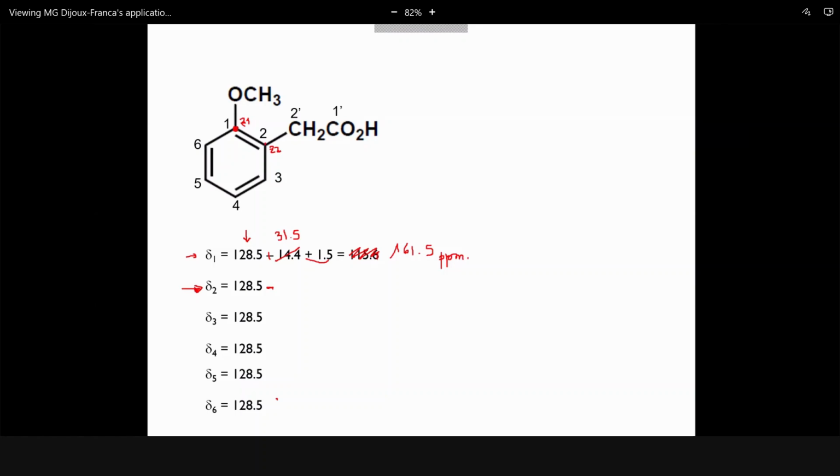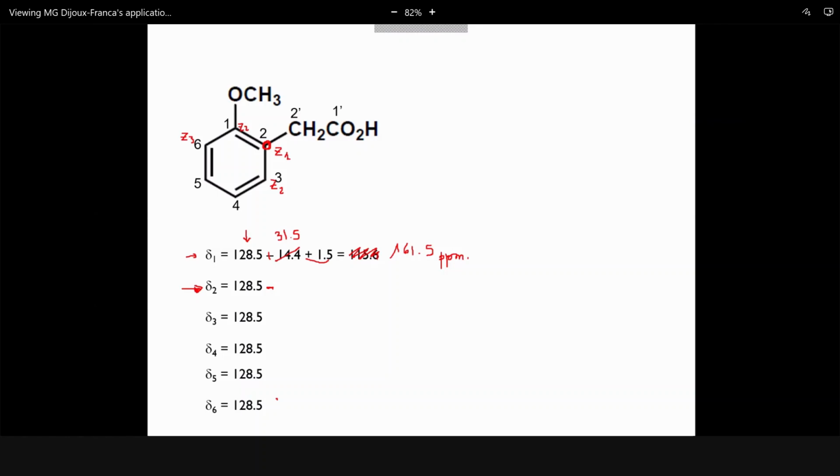Well, let me change this. So now we are looking at carbon 2 here. This position is considered Z1, here is Z2, here is Z3, and so on.